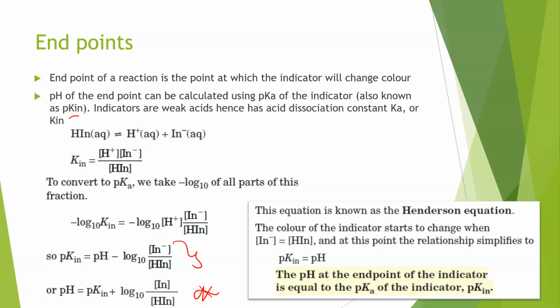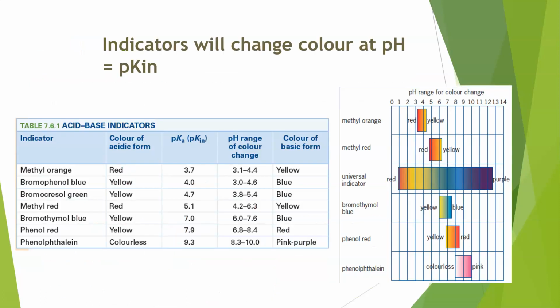So the pH of the endpoint is going to be the pK indicator. So this means we're going to have the indicators changing color at pKIn. You'll have about a plus or minus 1 on this, hence the range.